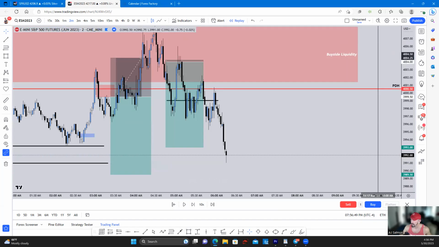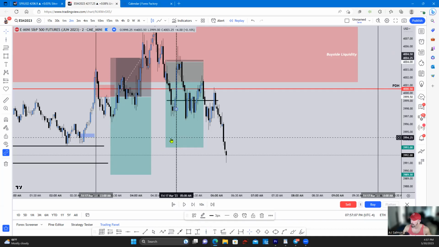Your kill zone in London being from 3 a.m. to 5 a.m. Okay, so this is your London kill zone.